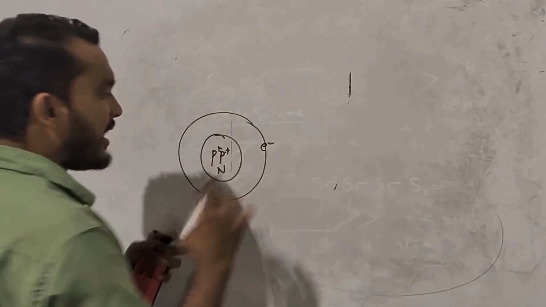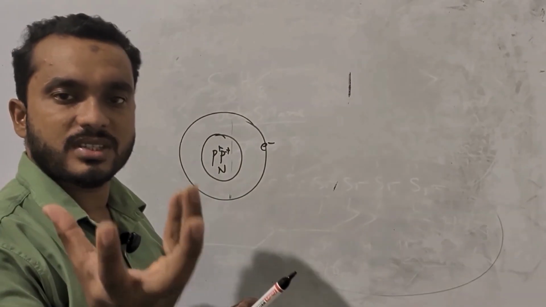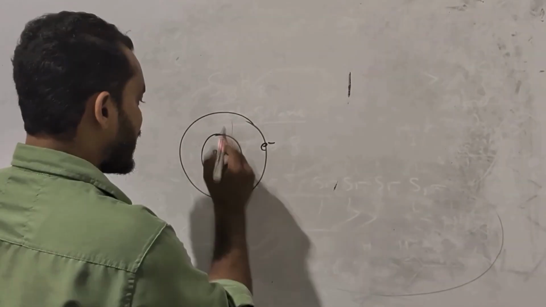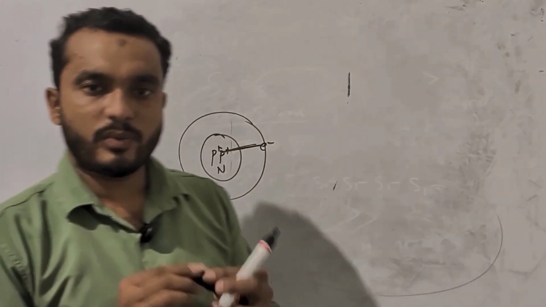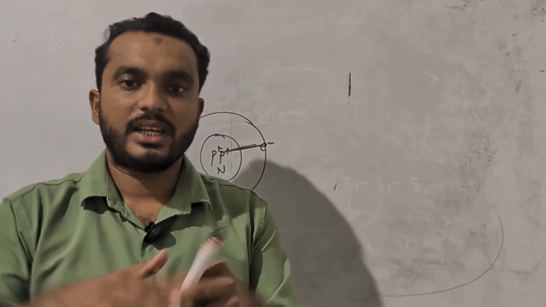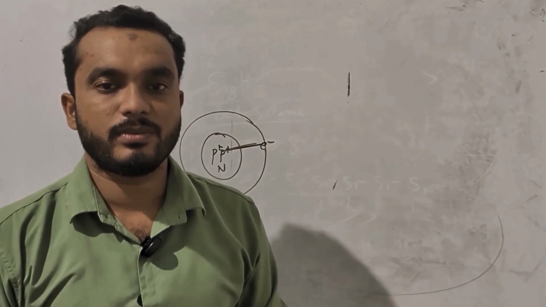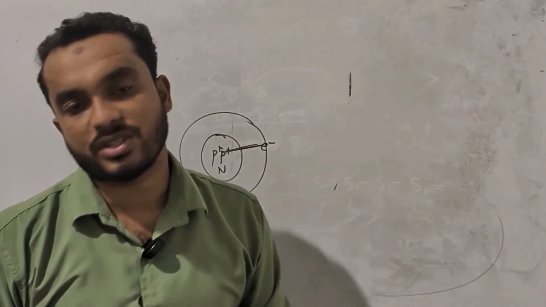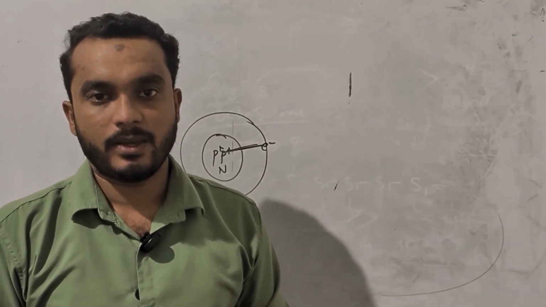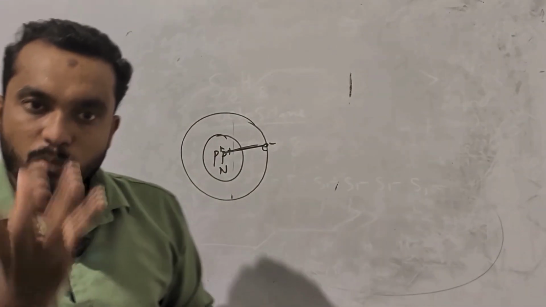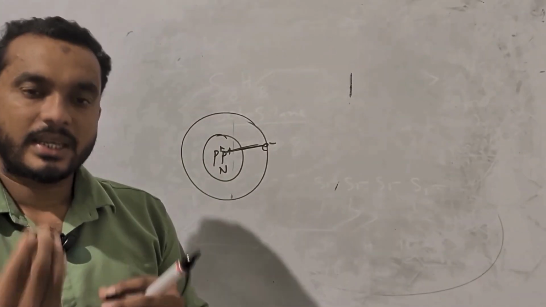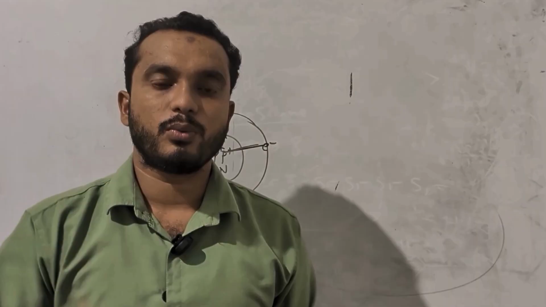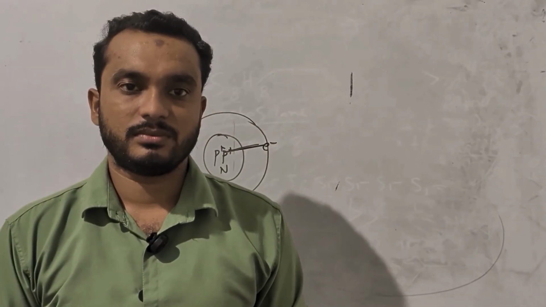If the size of the carbon is smaller, then the distance from the nucleus to the electron will be what? Shorter. When the distance is shorter, then a strong electrostatic force will be there. So due to the small size of the carbon, they can form a strong bond with other atoms.